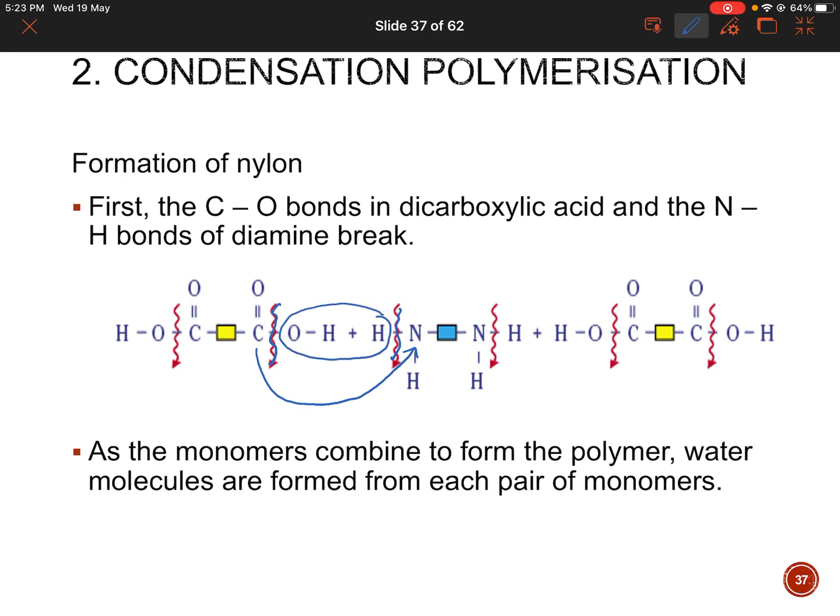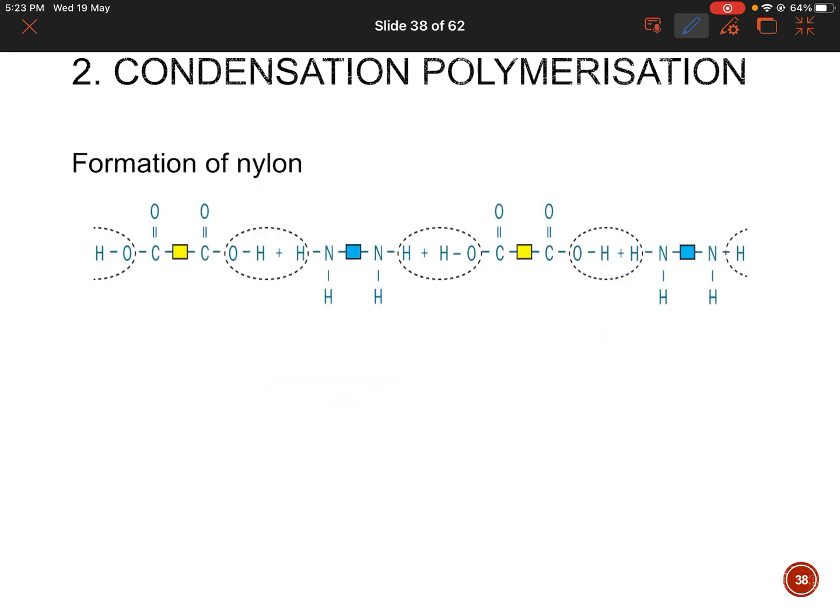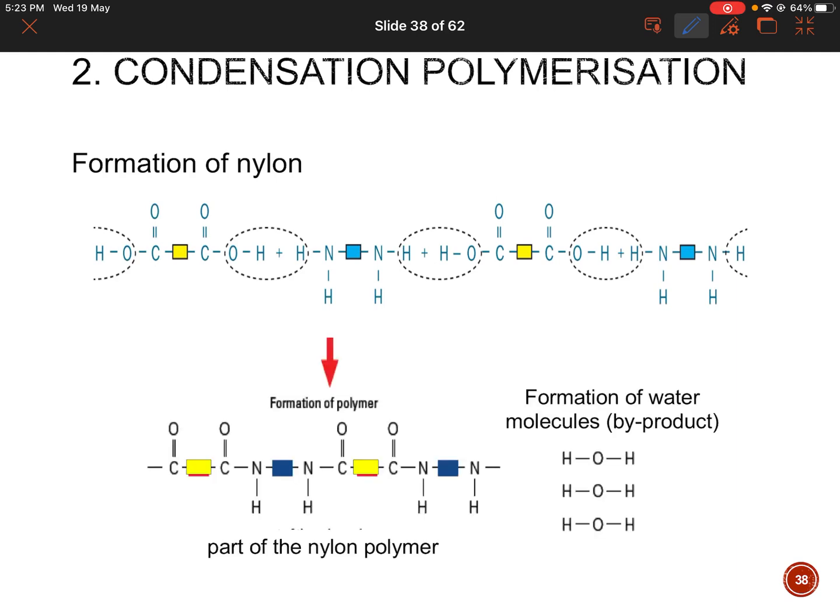These atoms over here are eliminated, and yes, they form the water molecule. Once again, this is a diagram and it shows water is eliminated, and this over here is your nylon polymer. So take note, for condensation polymerization, there will always be byproducts formed. There is more than one product formed: a polymer and a byproduct.